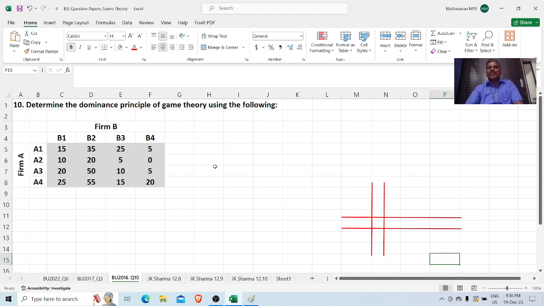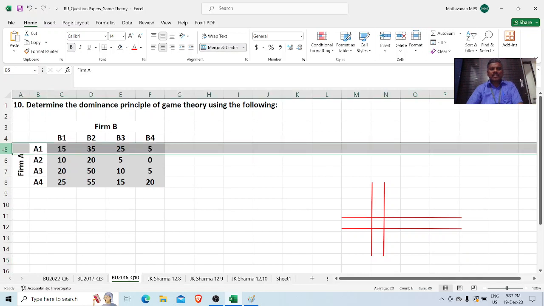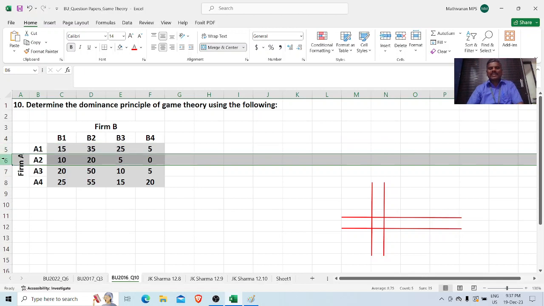First, we will look at the point of view of firm A. So take the first column. When firm A is using strategy A1, the gains are 15 points, 35 points, 25 points and 5 points. Clearly, the points gained by using strategy A1 is more than the points gained by using strategy A2.